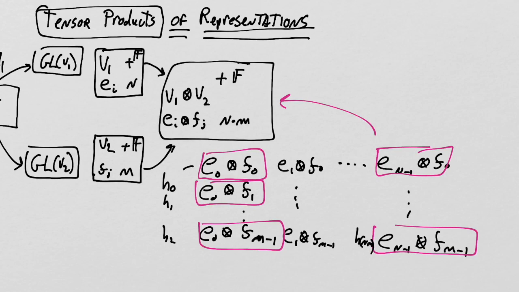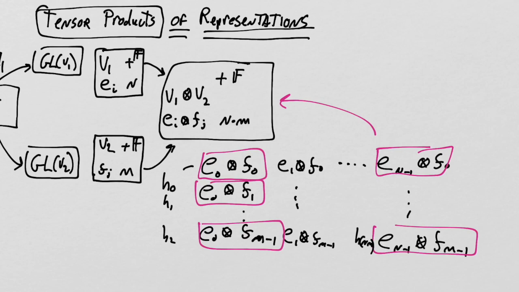And I could just relabel everything and make it an n times m dimensional vector space, and that would be completely isomorphic. I'm just renaming everything. So with that in mind, I've created this new tensor product space. And the operations on the tensor product space are pretty straightforward.